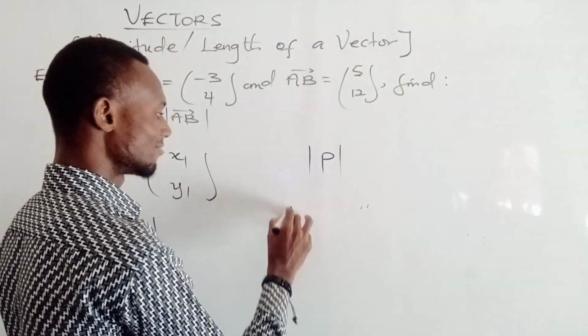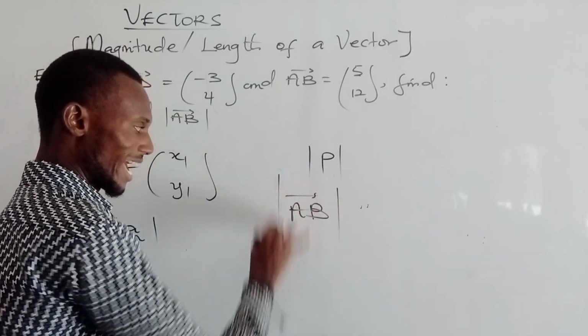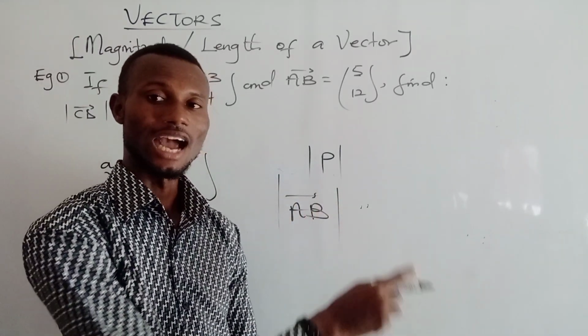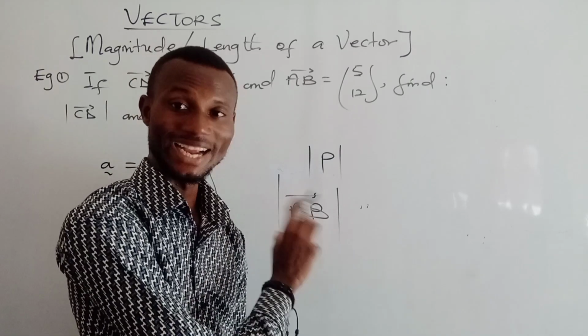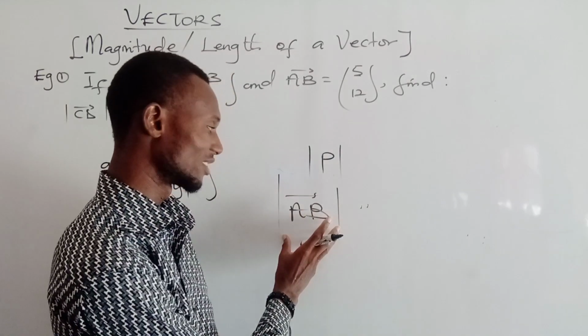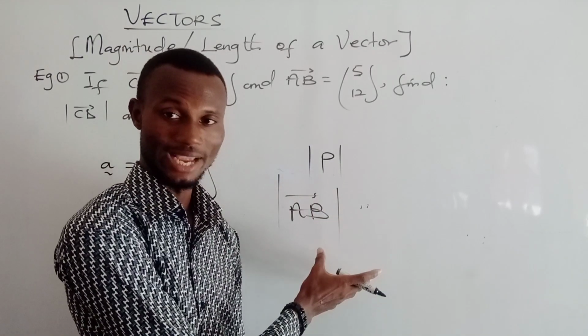Or let's say I have the vector AB, and if I put two lines at the side of the vector AB like this, it simply means that I'm finding the magnitude or the length of the vector AB. So this represents the magnitude of vector AB or the length of the vector AB.